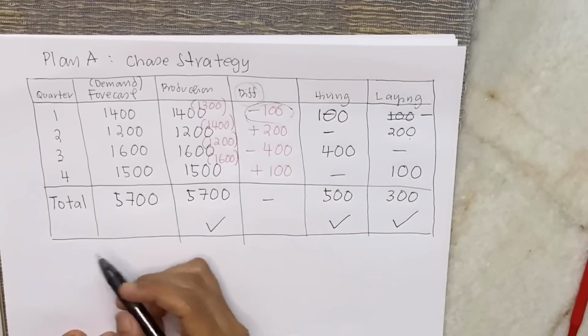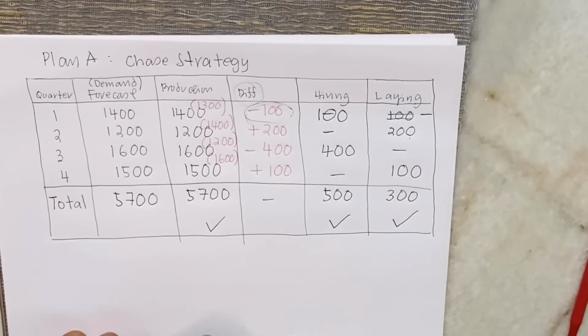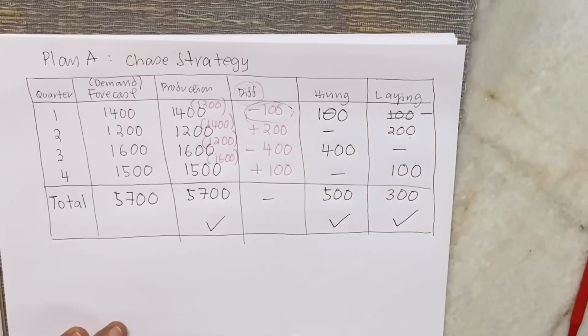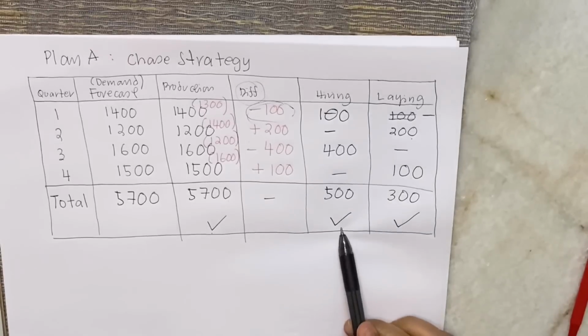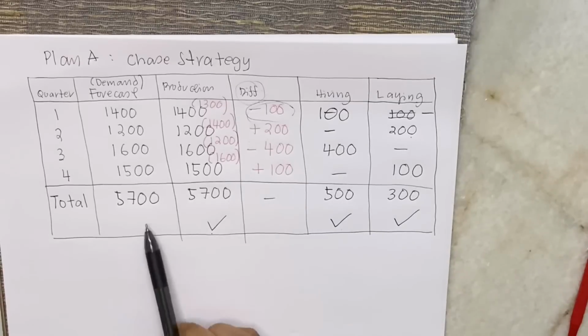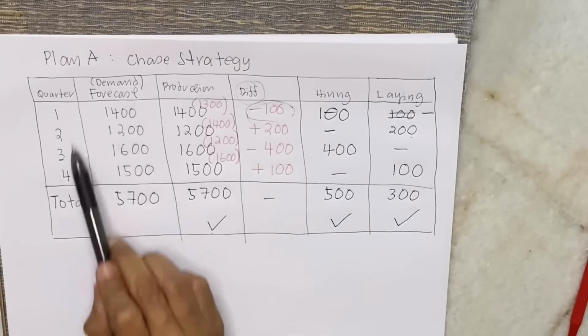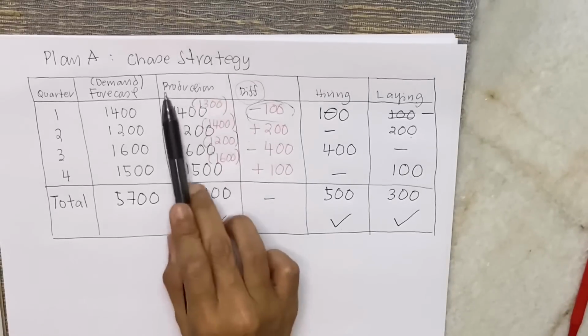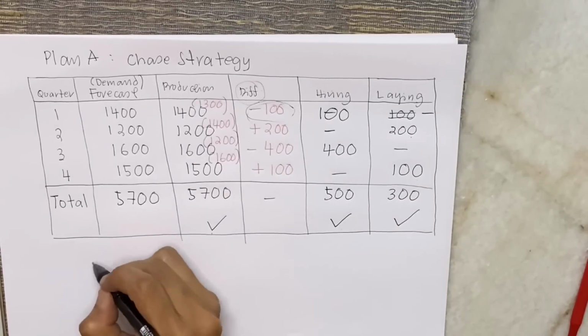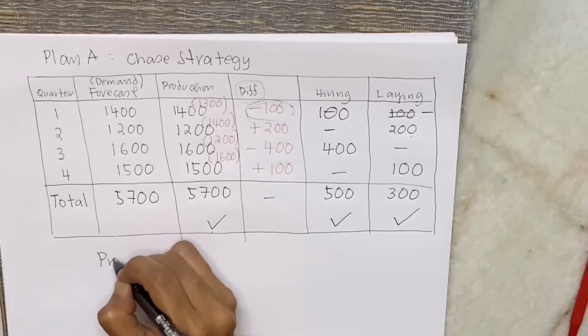Now, remember, we would like to calculate the total production cost, in which we have to calculate the production cost, hiring cost, and laying off cost. We are not going to calculate anything here because it is our demand. The thing that we have to calculate is the amount of our production. Okay, now, production cost.